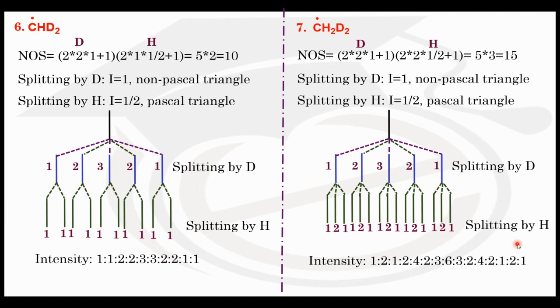So overall intensity will be 1:2:1, then we multiply: 2:4:2, then by 3, 3:6:3, then 2:4:2, then 1:2:1. So the overall intensity will be like this.